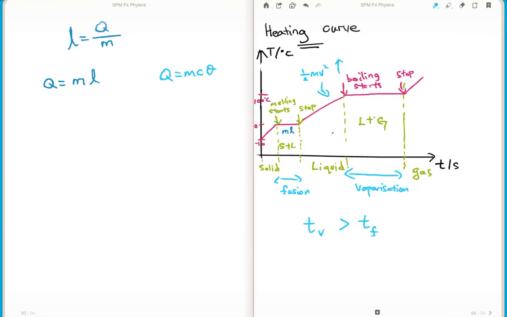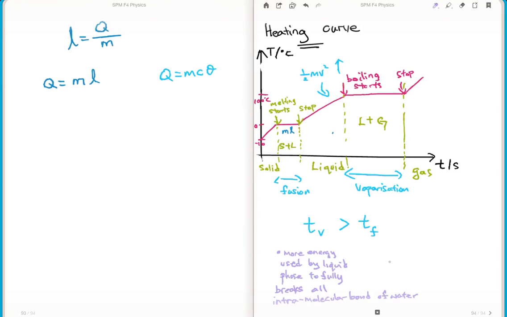Okay, here is another reason, maybe you jot it down. Why is it longer? One is because more energy is used by the liquid phase to fully break all the intermolecular bonds for water.